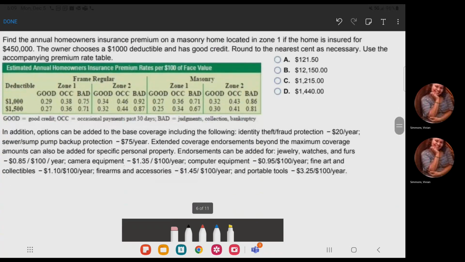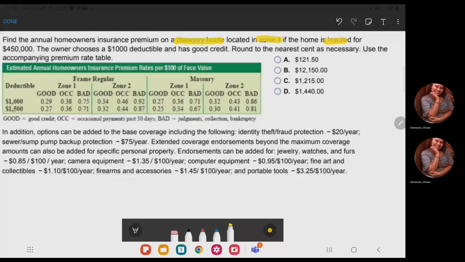Now I want to find the annual homeowners insurance on a masonry home. So important: masonry home, zone 1, and it's insured for 450,000. There's a $1,000 deductible on it with good credit. Okay?